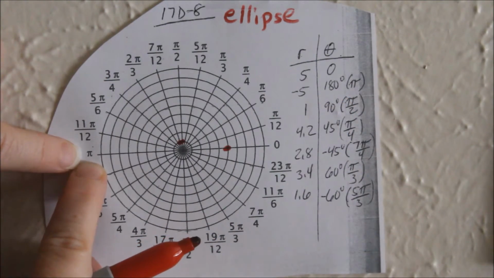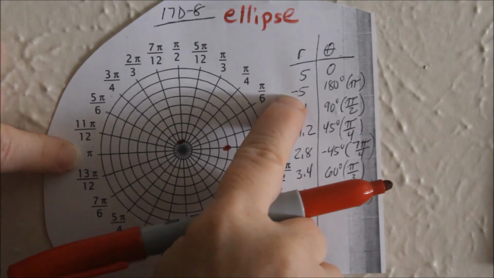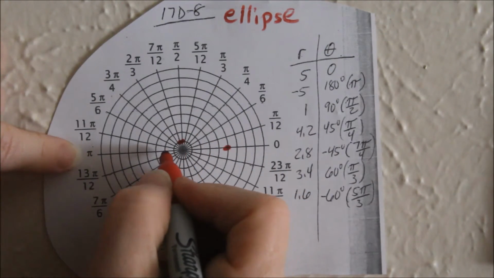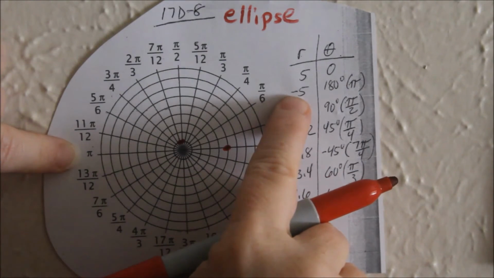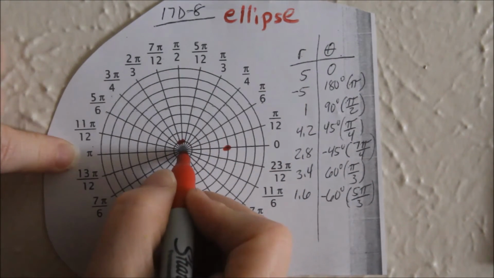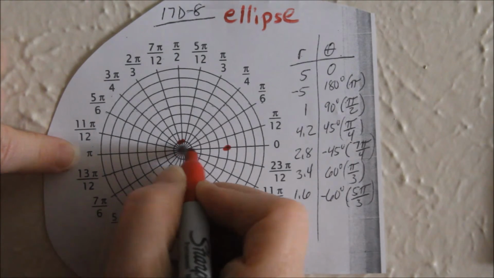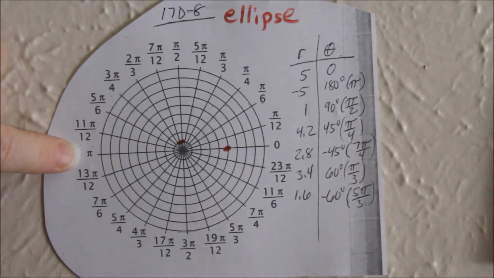Now 180, which is pi. At 180 degrees, I need to go out negative 5. What does that negative mean when you're talking about radius? It means the opposite direction. All of these circles are positive radiuses. If I want to go negative 5, I'm going in the opposite direction of 180, which is back over here at 0, and going out 5 would put me back at this red point that I already have.